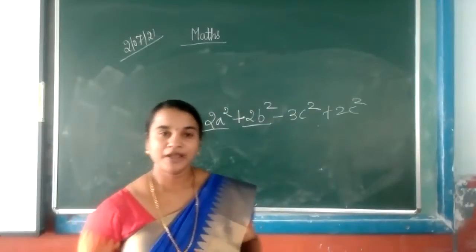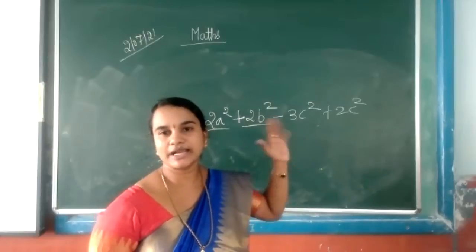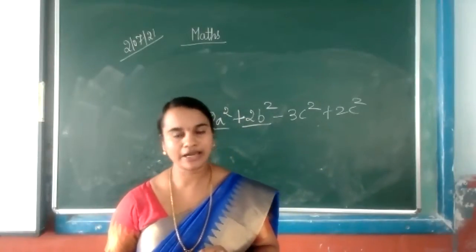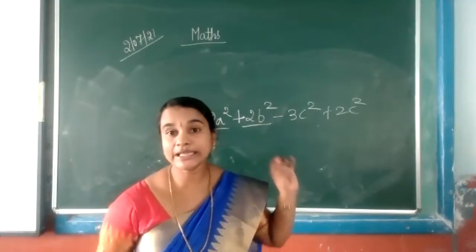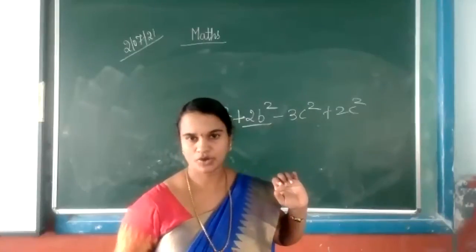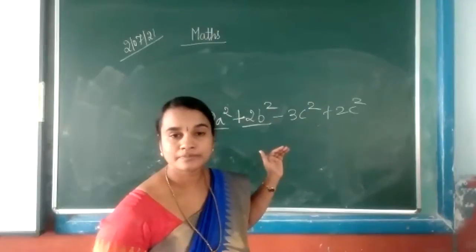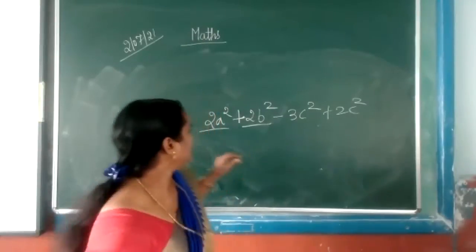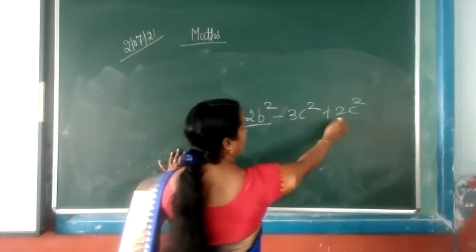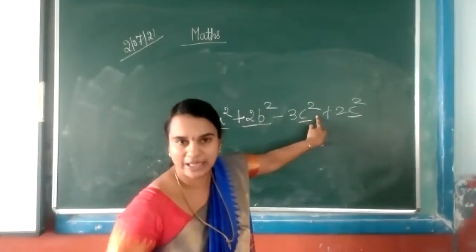Yes, very good. Now children, here itself we will study like terms and unlike terms. How do we find like terms and unlike terms? We only give attention to the variables, not the numericals. Here you can see a square, b square, c square and c square. Both the variables and the power should be the same.